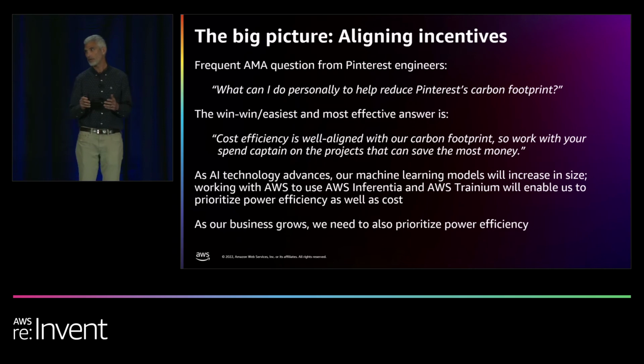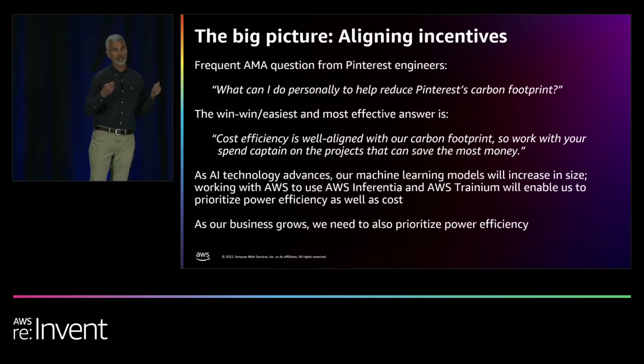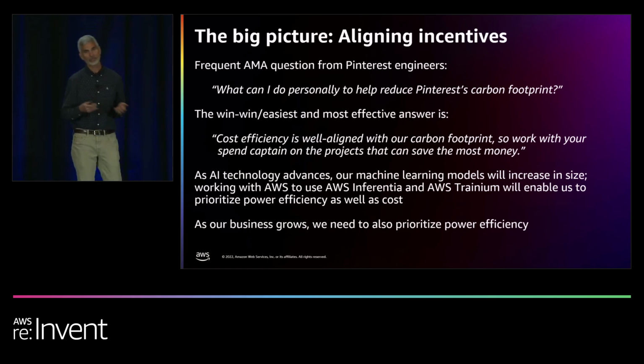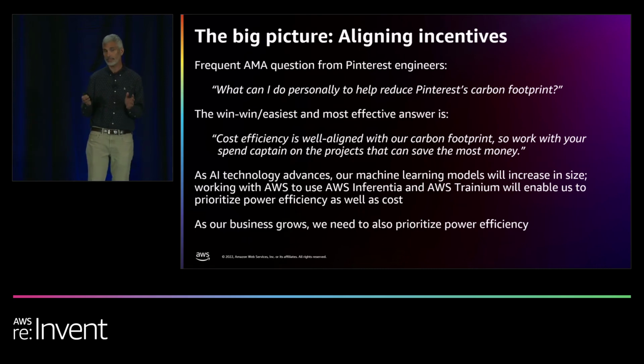We run fairly often Ask Me Anything sessions for engineers at Pinterest, and we get the question a lot: how do I, as an engineer, personally help to reduce Pinterest's carbon footprint? What we say to our engineers is, for the most part, the goals of environmental sustainability, reducing the carbon footprint, are well aligned with cost efficiency.